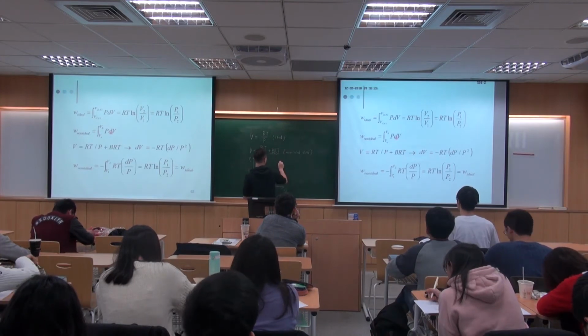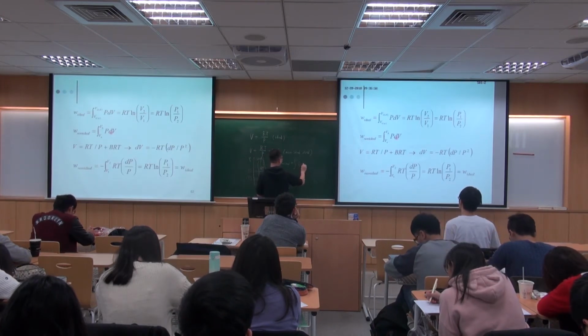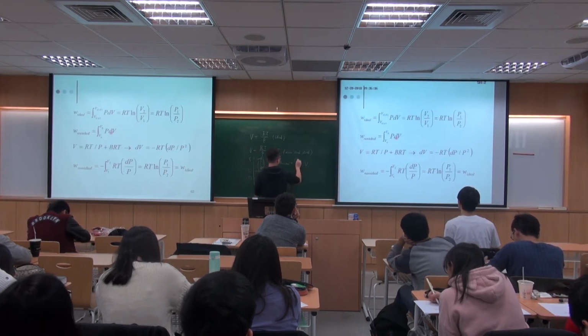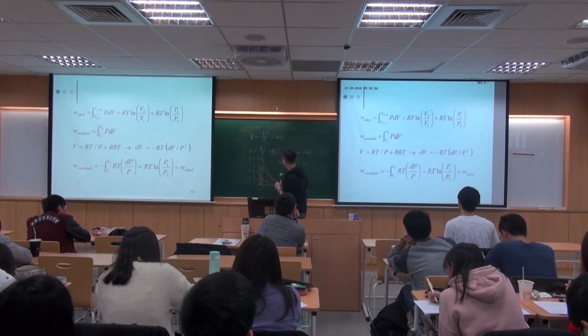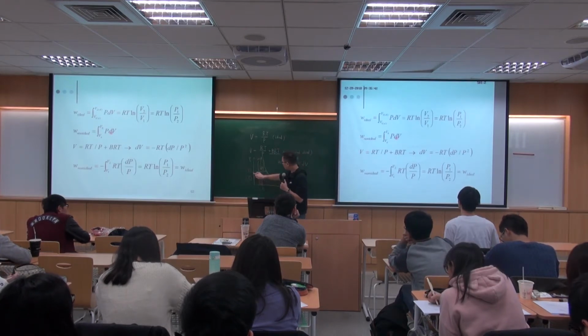So for non-ideal gas, we want to calculate PdV from, let's say, V1 to V2. I think I should exchange these, from P1 to P2.